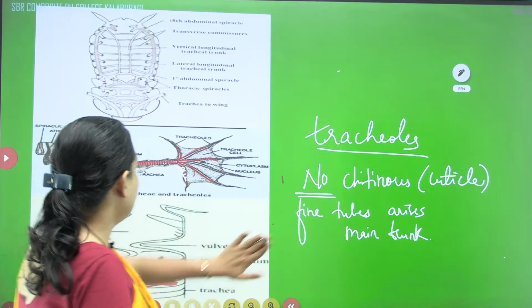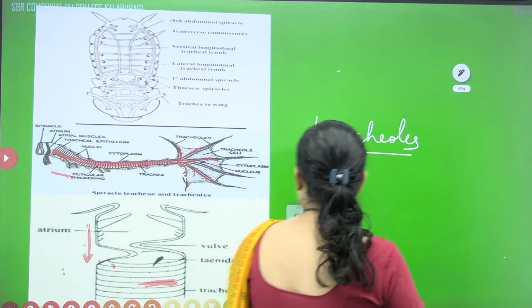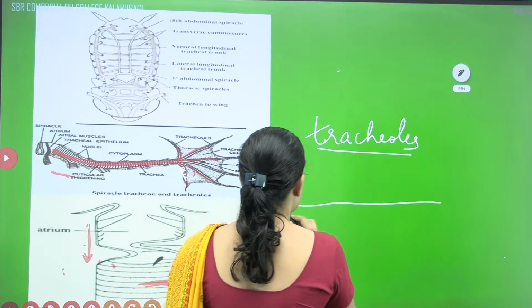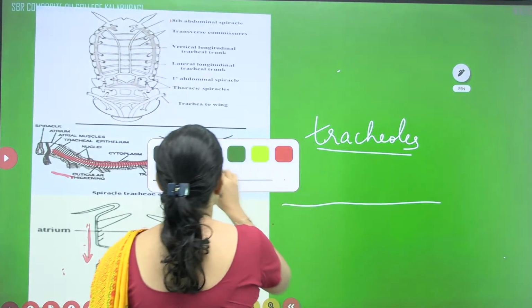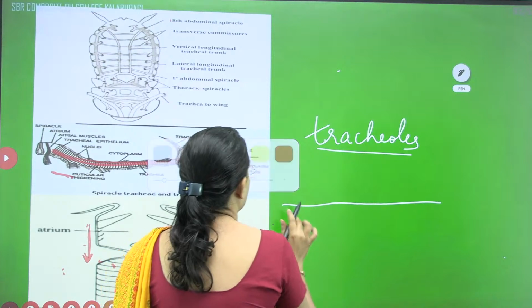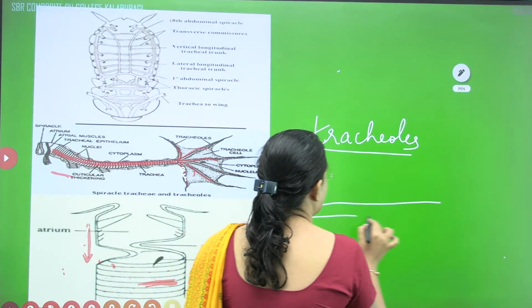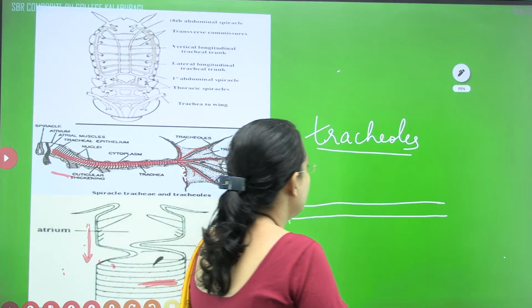So if I draw a tracheole here, this is one of the tracheoles. Got it?